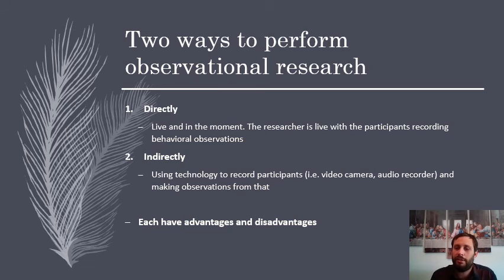Let's say something happens to the side of the camera or something gets picked up wrongly from the audio recording. That's a disadvantage that you experience with indirect observation. However, it's great because there's no one in the environment and people are acting in a more natural way. So really, there are advantages and disadvantages to whether you do direct or indirect observational research.